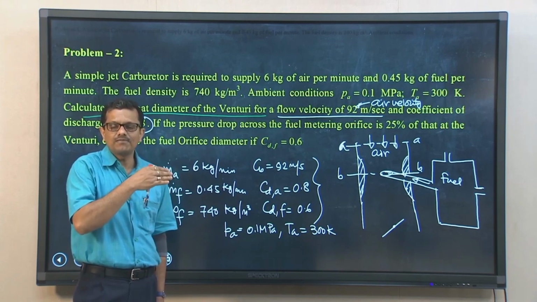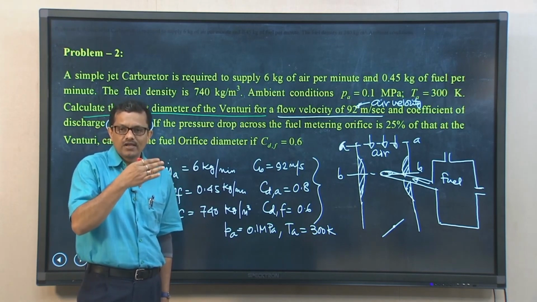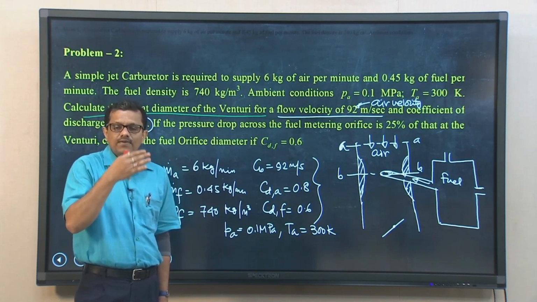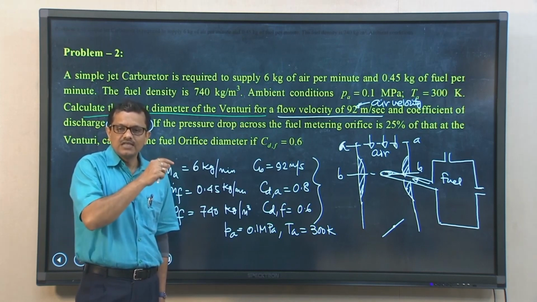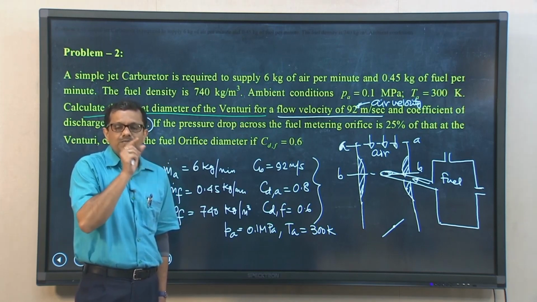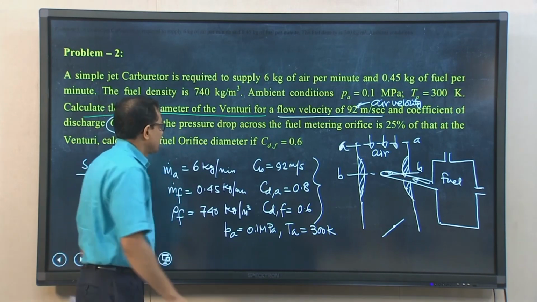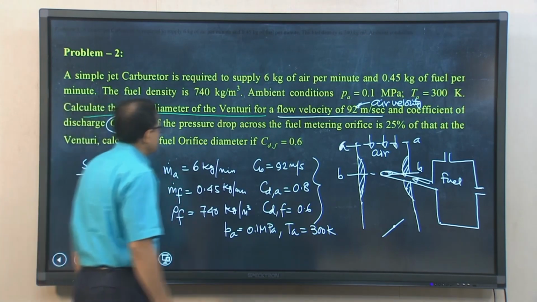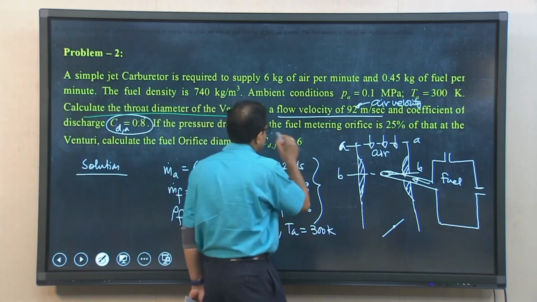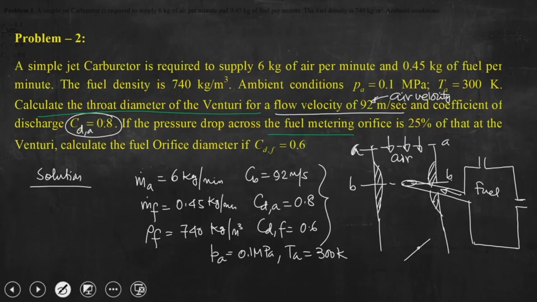If we need a continuous flow of fuel from the float chamber to the fuel discharging point, what would be the diameter of the fuel metering orifice? That we need to calculate. The second part of this problem is also very important. So, let me draw the schematic again.